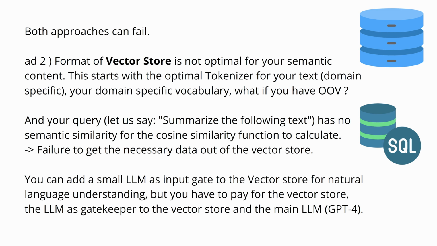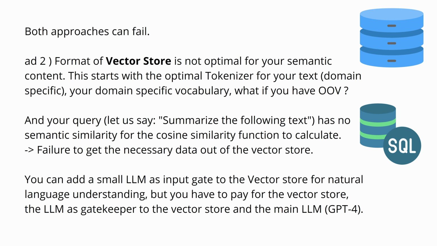Now, the inner workings and format of these vector stores are quite complex, and maybe the format of the vector store is not optimal for your semantic content. This starts with the optimal tokenizer for your domain-specific text, for your domain-specific books.